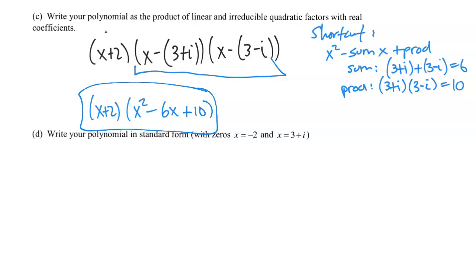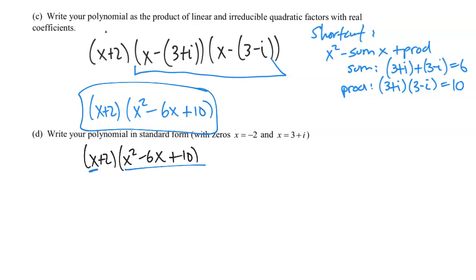Now, in letter D, we want to write the polynomial in standard form. And so what that means is that we're going to take what we got in letter C and we're just going to multiply it all out by distributing so that we get it in standard form. And so what I'm going to do here first is I'm going to multiply the first thing in this little binomial by all of this right here.